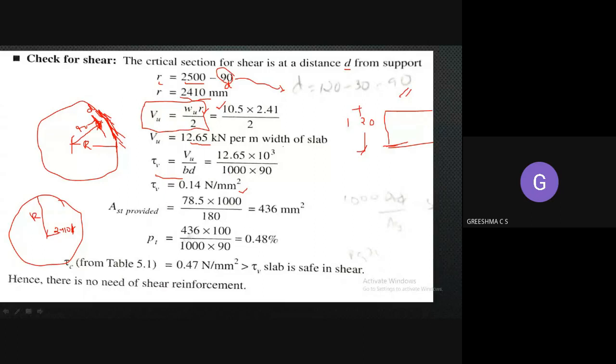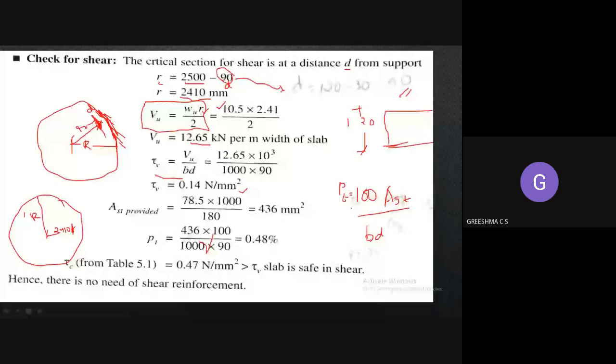So what is the equation of percentage of reinforcement ratio? In the IS code page number 73, the equation is written as percentage of reinforcement ratio is equal to 100 Ast divided by b into d.